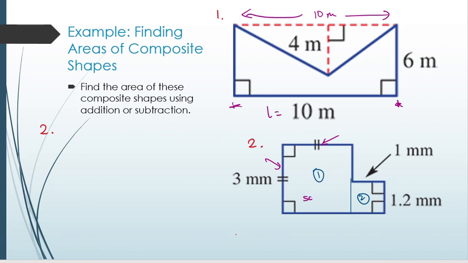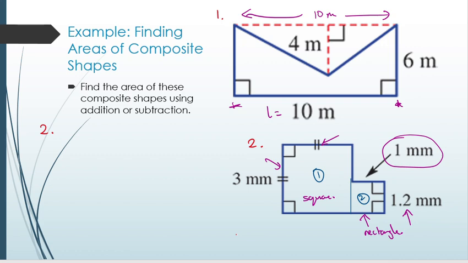So shape 1 could be a square. Now, shape 2, it could be a square visually, but it's actually not. The reason being is because over here, I have 1.2 millimeters, but just above, which I've circled, this is 1 millimeter, okay? So this is in fact not a square, it's actually a rectangle.